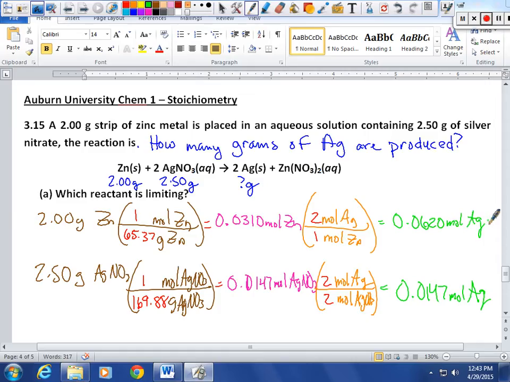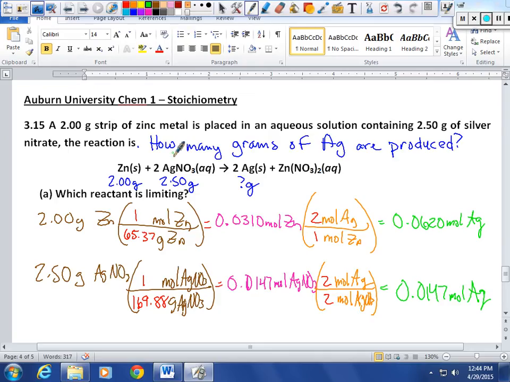Now here's the phrase. You can only produce as much as the least amount that is made. I know that's weird. The least amount that is made is the most that you can produce. So what is the least amount that is made? The 0.0147. So that is the most that we can make. So which reactant is going to limit our reaction? Silver nitrate.